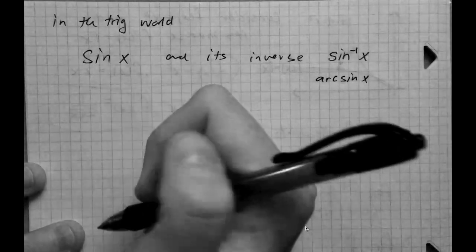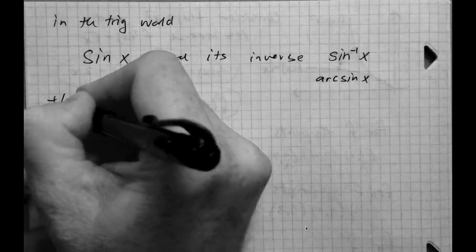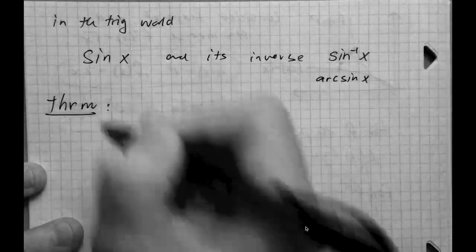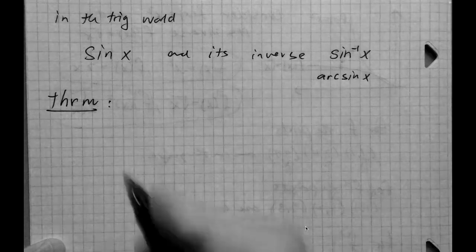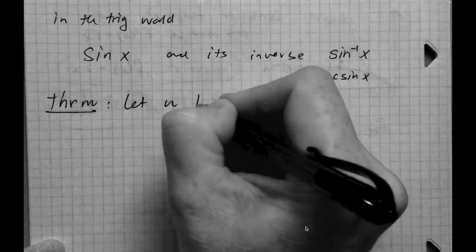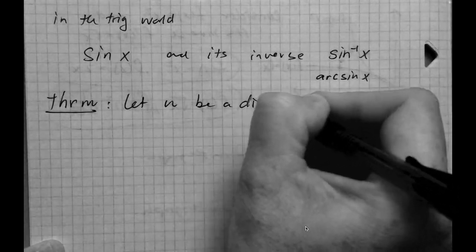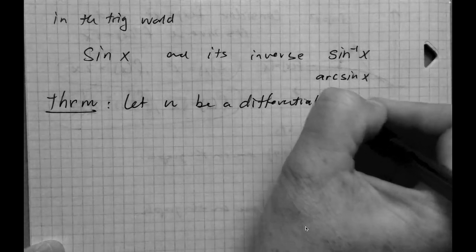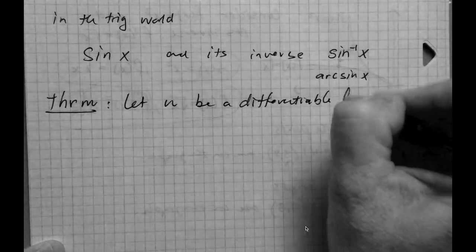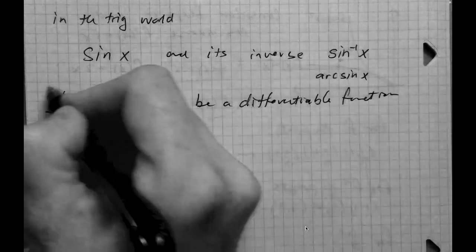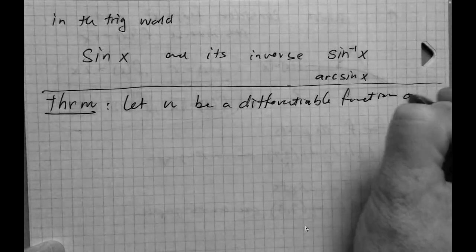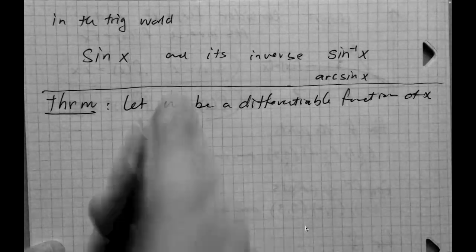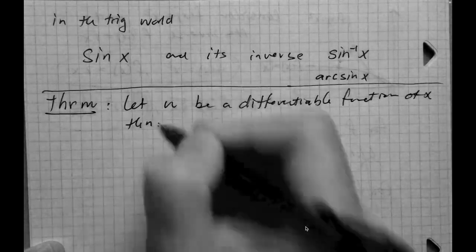All right, so here's what it looks like, and we'll just give you the broadest sense, and then we'll prove a couple of these. So let u be a differentiable function of x. Then the following.